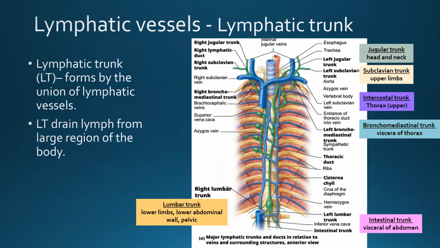So if you know all these trunks and where they drain, you obviously know the lymphatic drainage of any organ of the body. They are drained by region into these trunks.